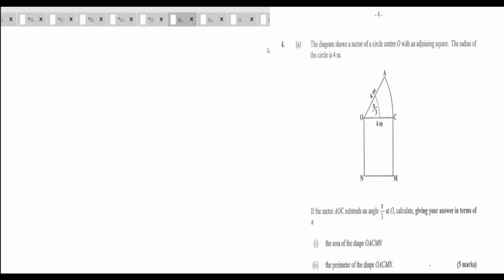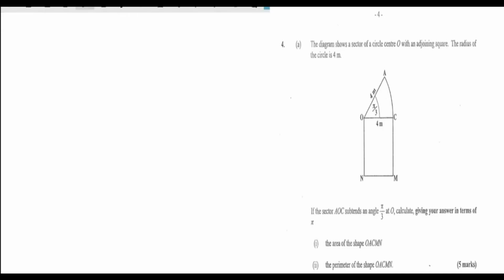In order to find the area of that weird looking shape, we have to notice that the shape consists of a sector and a square.